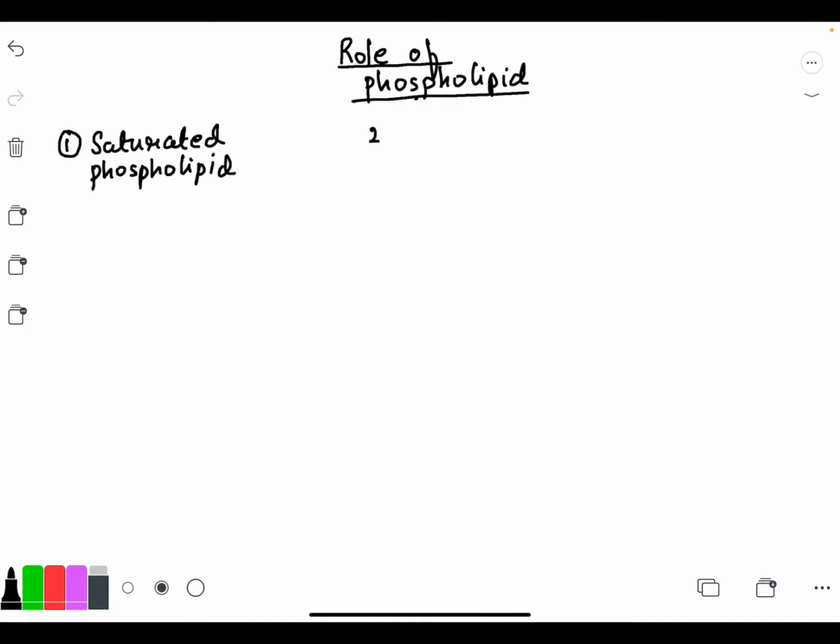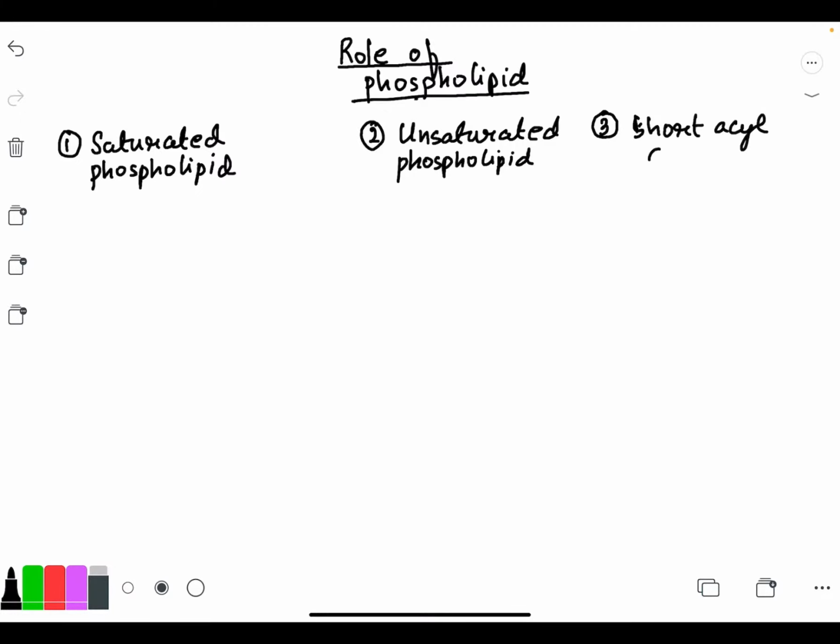The second is unsaturated, means a double bond is present. And the third type, this is not that important, is phospholipids with short acyl chains. Short acyl chains basically means smaller phospholipids, right?